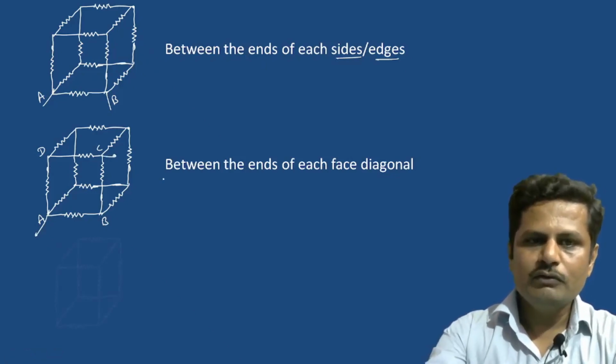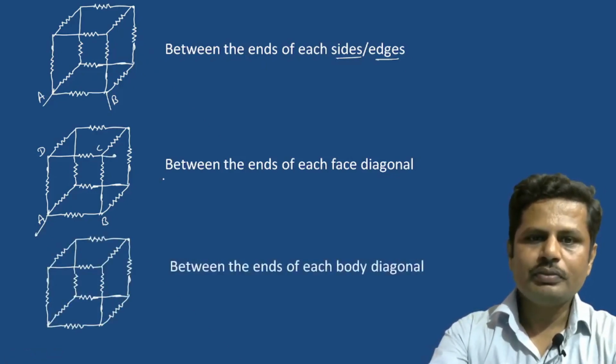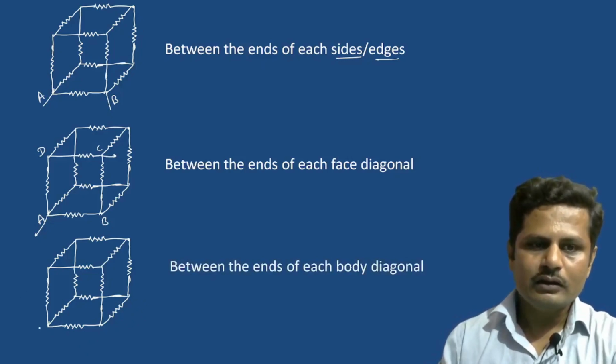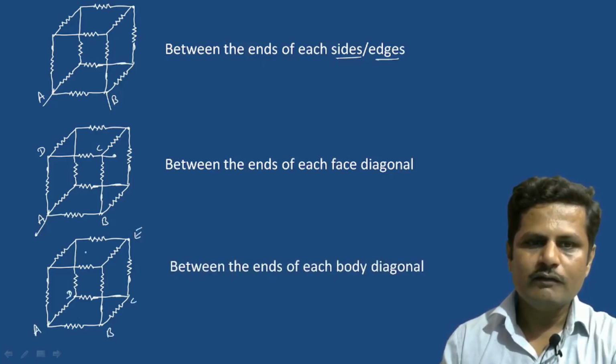Suppose they ask you to find out between the ends of each body diagonal. Let me give the names for this: A, B, C, D, E, F, G, H. Here the body diagonals are AE, this is A and this is E. AE are the ends of the body diagonal, and B and E, these two are also ends of the body diagonal.